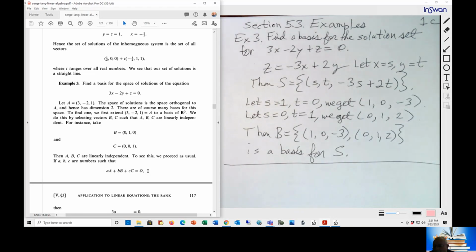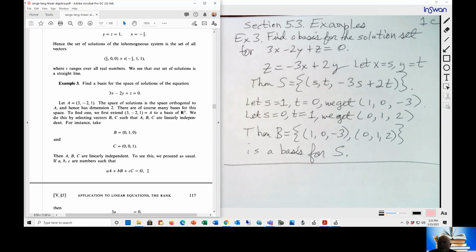Let y be parameter t. Two parameters. That gives me the clue that any basis will have two vectors. So the solution set S is the set of ordered triples s, comma, t, comma, negative 3s plus 2t.